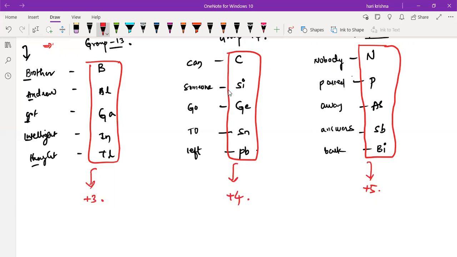Now tell me, what is this +3, +4, +5? What does it indicate? What's the meaning of that?